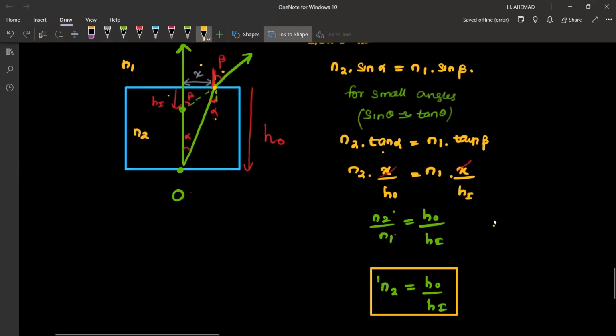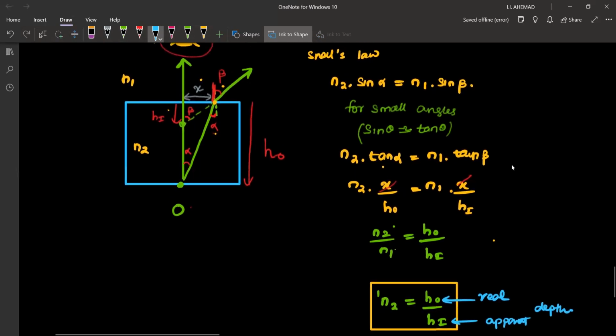So h0 is the real depth and this is the apparent. Okay, is the derivation clear?